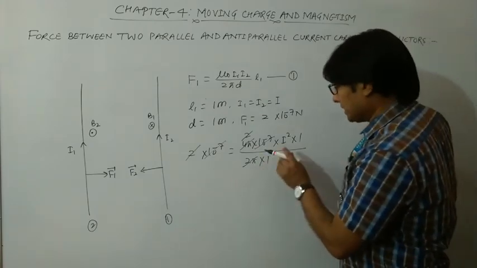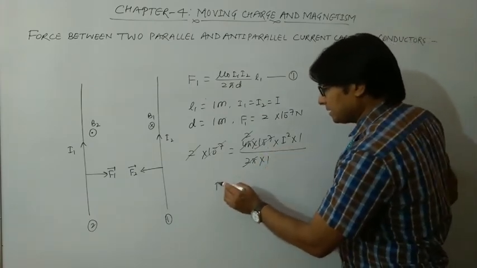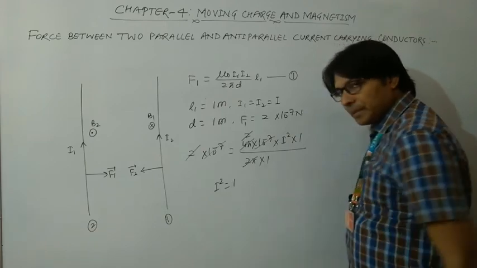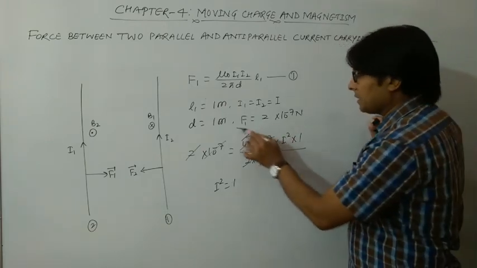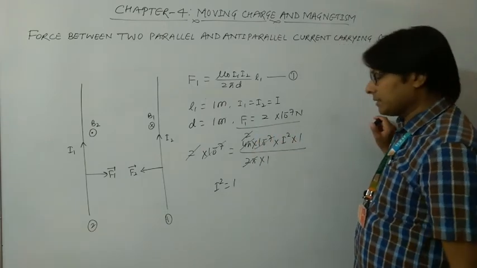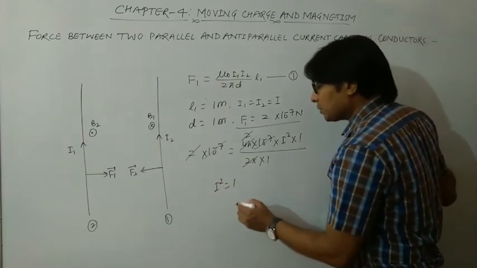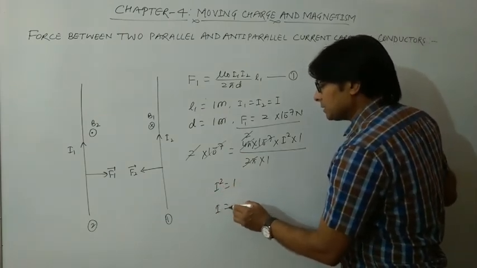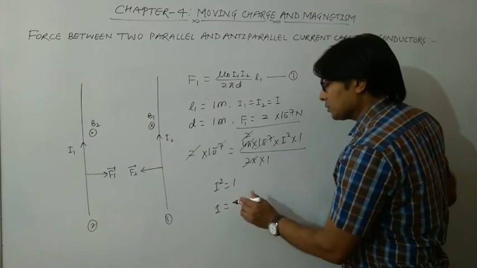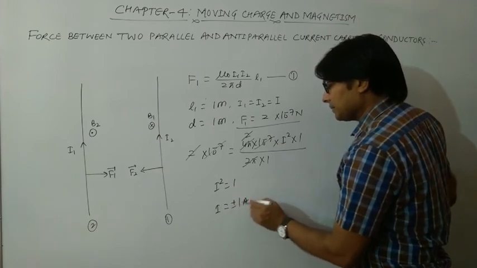So I square becomes 1, and now you can understand why we have taken F1 equal to 2 into 10 minus 7 Newton, so that we can get I square equal to 1 and I equal to plus or minus 1 ampere.